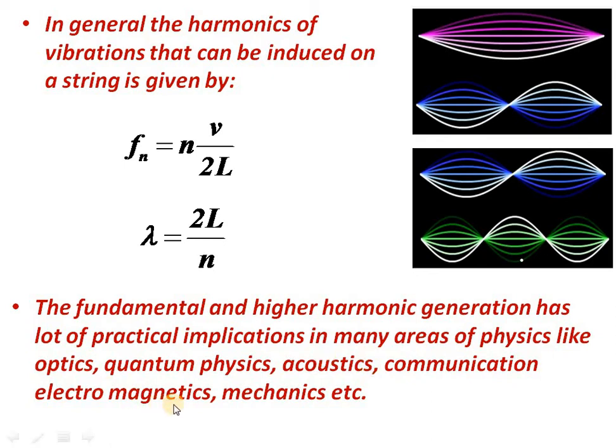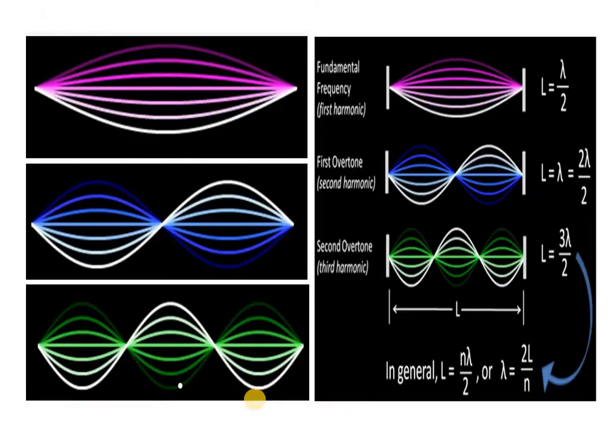In communication, electromagnetics, and mechanics as well, we have come across different examples. Another good example is a microwave oven, where microwave radiation is put in a chamber where standing wave patterns are allowed to exist, and cooking can be done very easily. We will discuss one such problem related to standing wave formation in a microwave cavity.